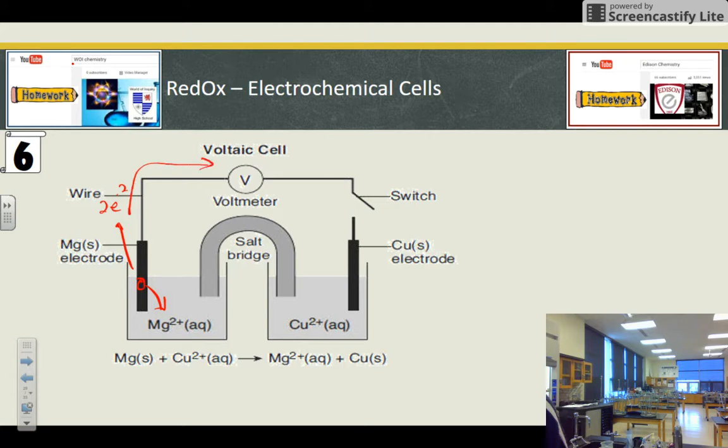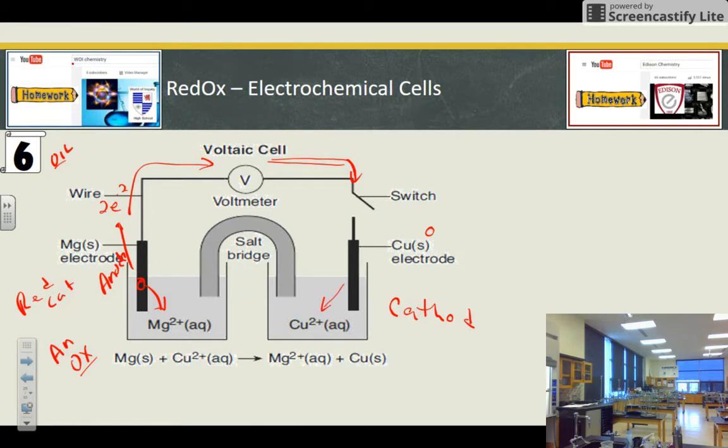The electrons go over here because I got Red Cat, An Ox, and losing electrons, Oil Rig, is ox. So this is the anode because the oxidation happened here. And so I know it goes from anode to cathode. So therefore this is the cathode. And I got the Cu+2 here, 2 electrons coming, and it's going to make a Cu0.